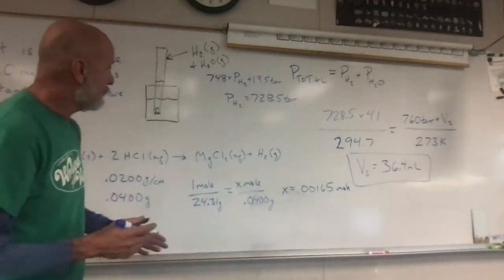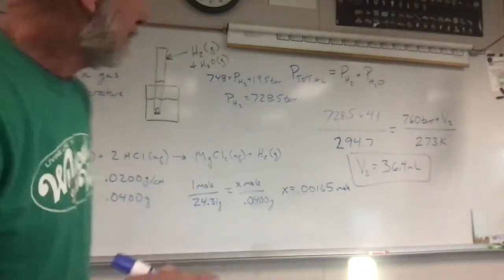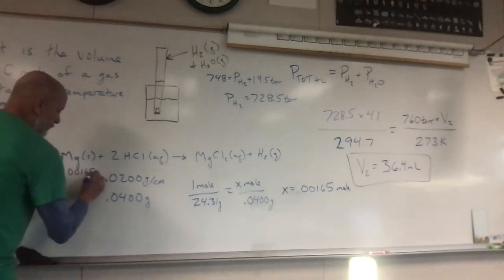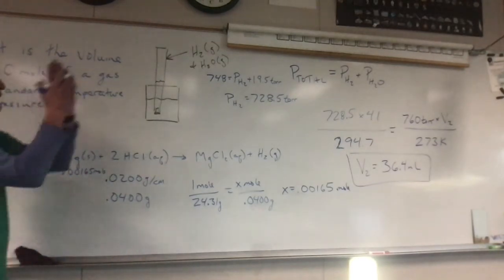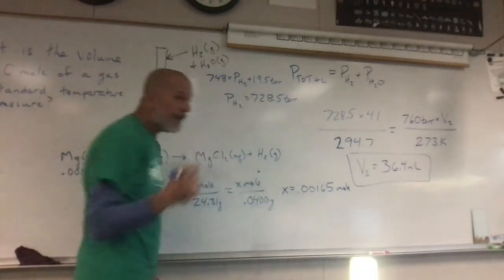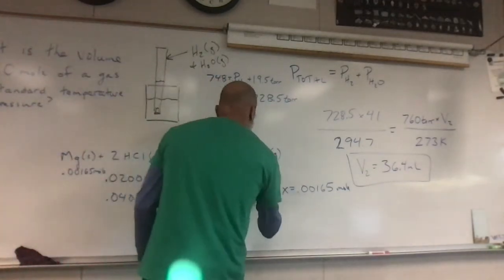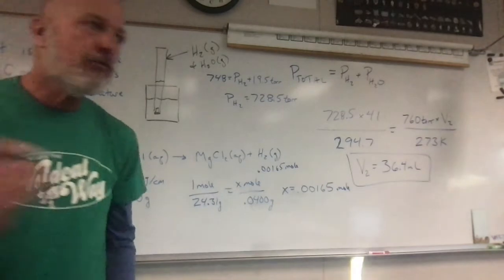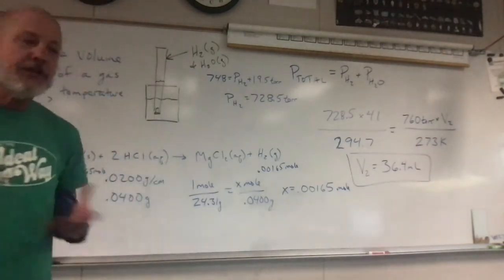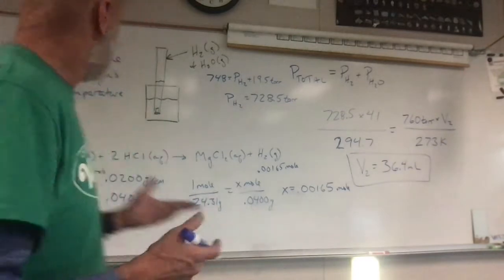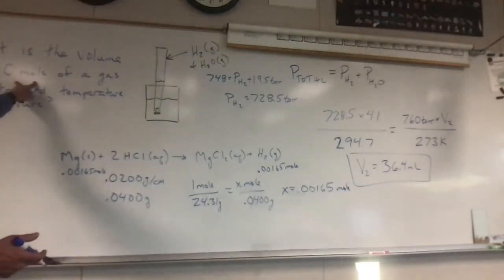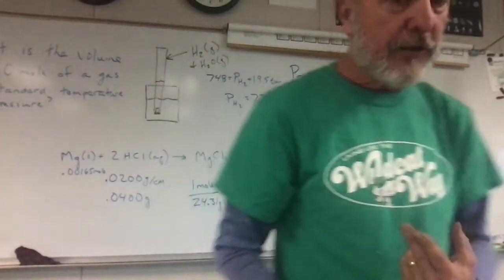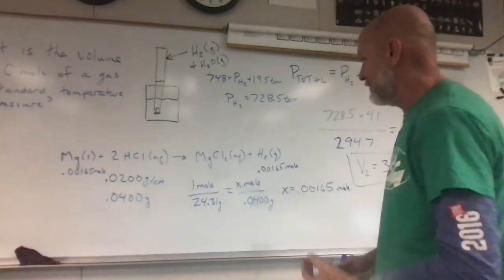So now I know how many moles I reacted, and I know that that's how many moles of magnesium, 0.00165 mole. Because of the coefficients, 1 magnesium makes 1 hydrogen gas, I know in that tube there was 0.00165 moles of hydrogen gas. So I got a known quantity of gas at a known volume under standard conditions. I'm getting close to what our goal was. Okay, what if I had 1 mole, right? Not 0.00165 mole. If I had 1 mole, what volume would that occupy under standard conditions?